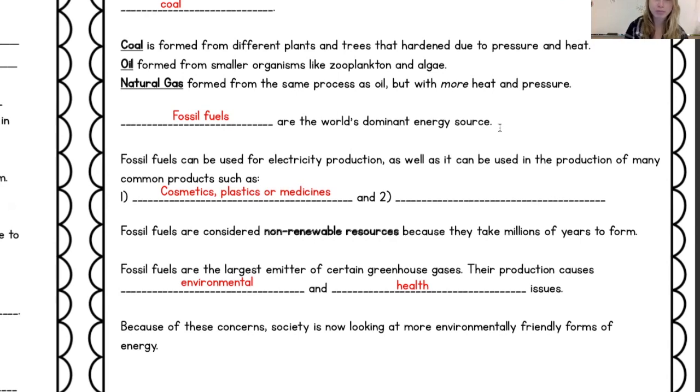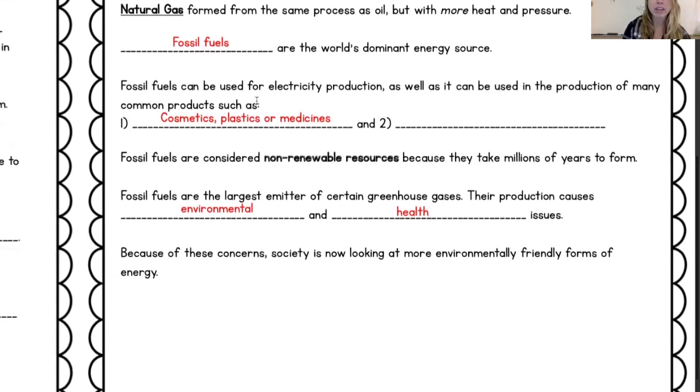and that's something we're going to talk about later on. Fossil fuels can be used for electricity production as well as for the production of many common products such as, so they put all three of these on number one. You can put one on one and one on two. So the three answers include cosmetics, so like your makeup, different kinds of plastic. So anything plastic came from the fossil fuels. So think about that. Think about how much plastic is even in our classroom.